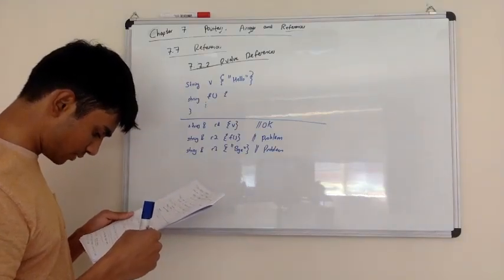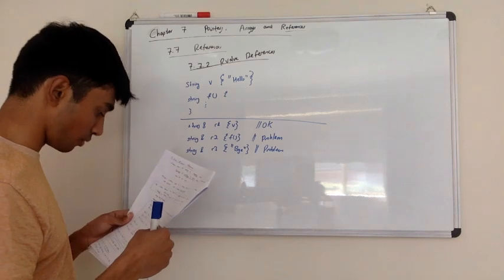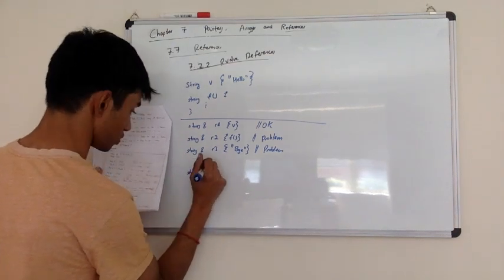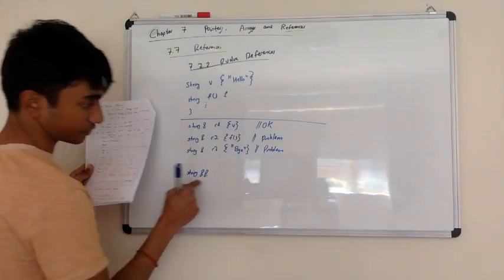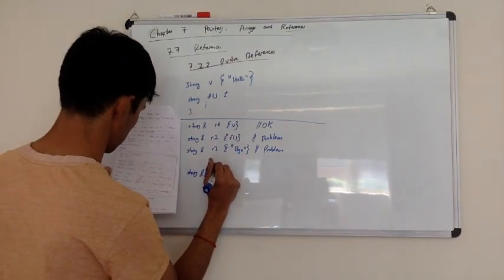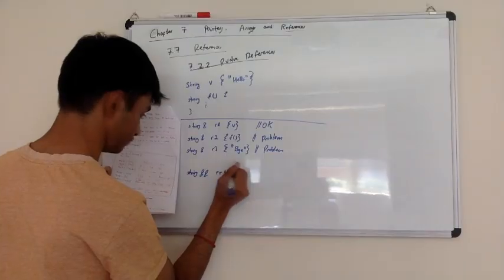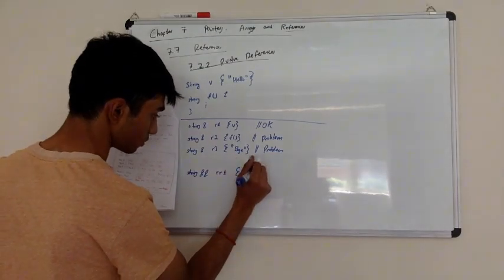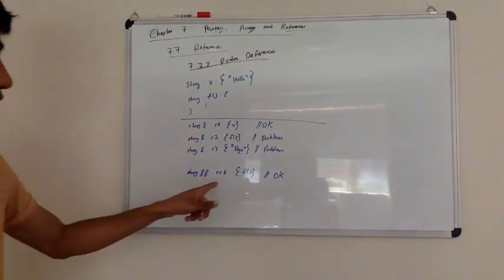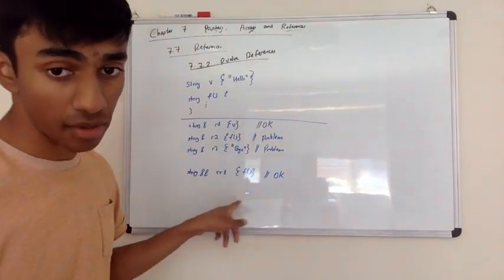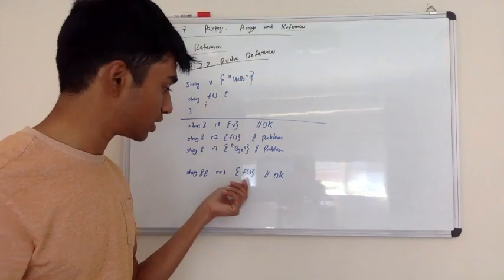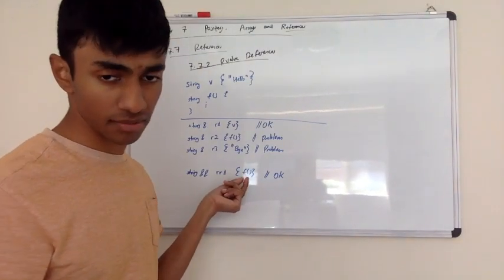However, what if we try rvalue references? The way we do rvalue references is we put two ampersands instead of one. So we have rr1. Now if we try this, this is okay. The reference rr1 is being bound to the temporary memory, the string that f creates and returns.